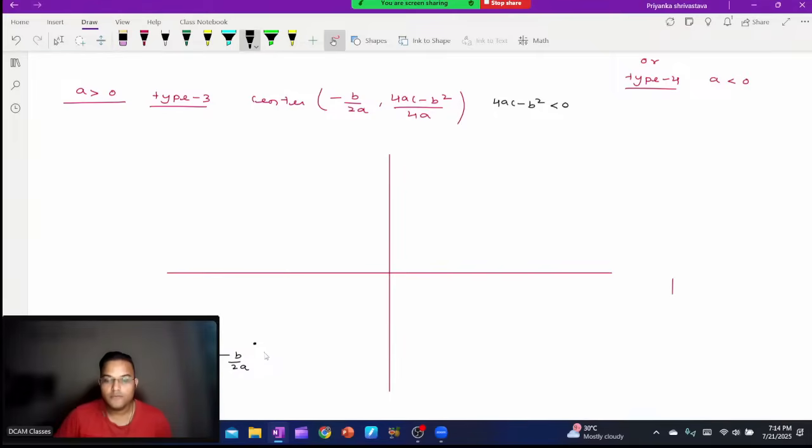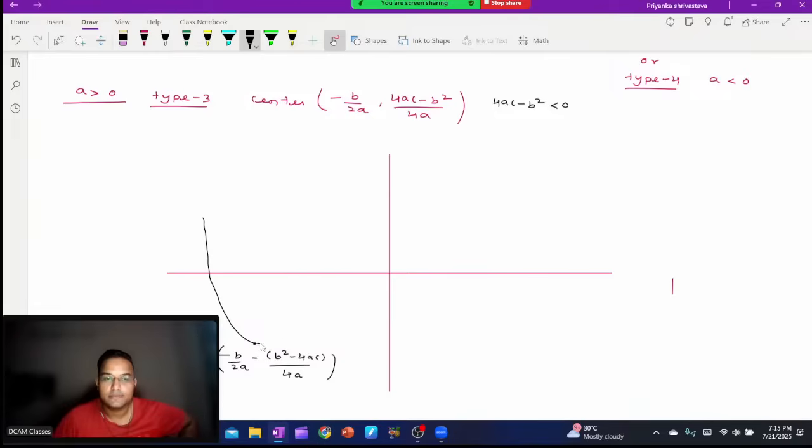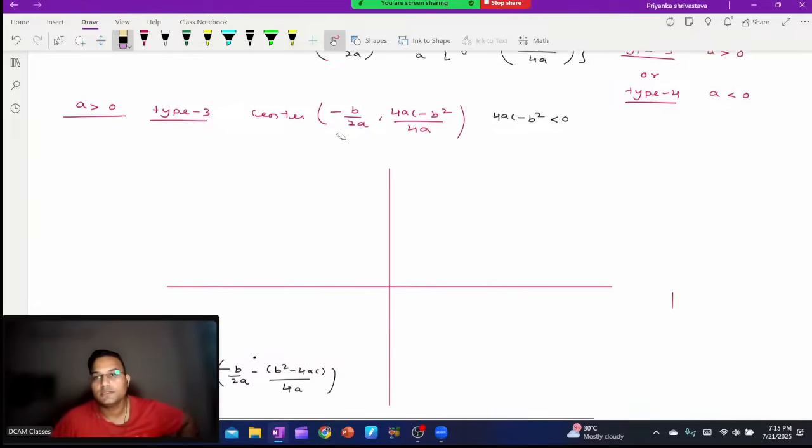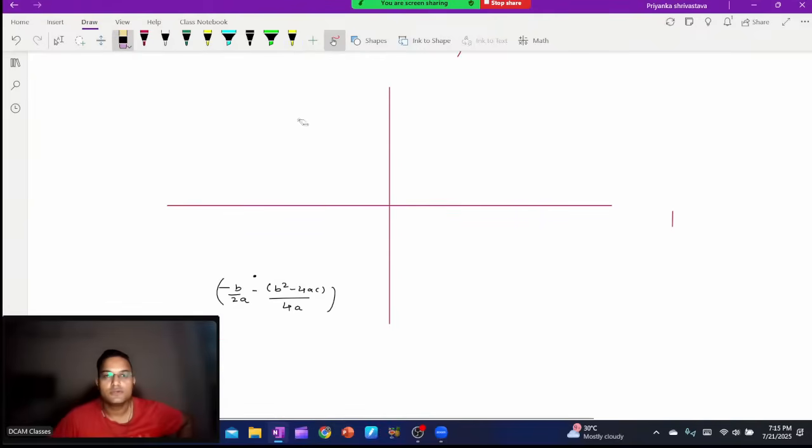So 4ac minus b square by 4a, let's put it as minus of b square minus 4ac. So the parabola will be like this. If you want to see whether it will be passing through 0, 0, just try to put 0, 0 here and see whether it satisfies. So it's a parabola of this kind. This is your center.